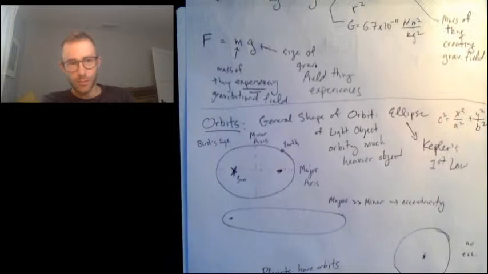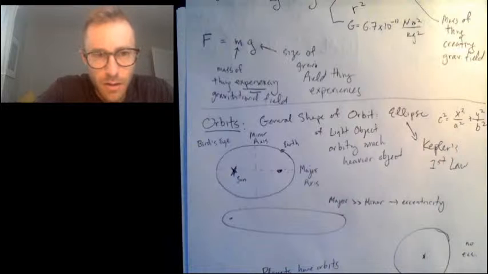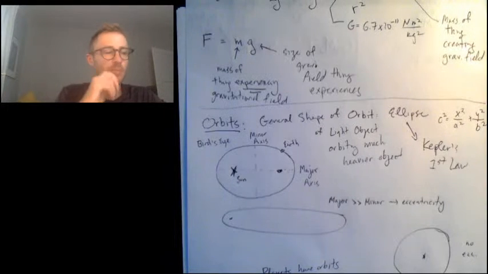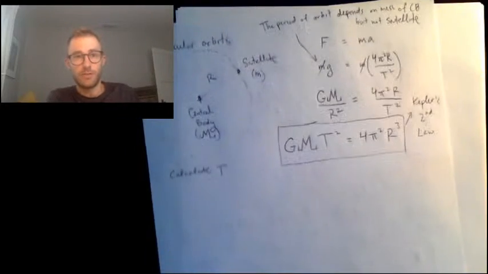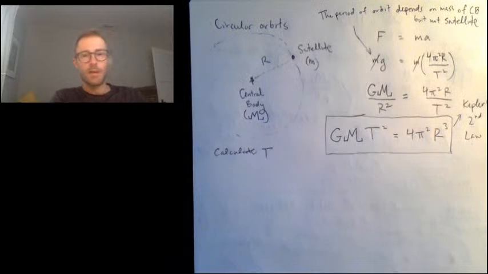So that's Kepler's third law. Of course, Kepler expressed it in a mathematical way. Okay, but we don't need to know what that is. For a circular orbit, the speed is constant for the entire orbit.